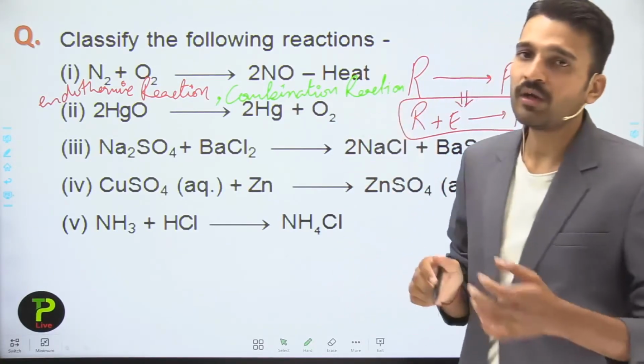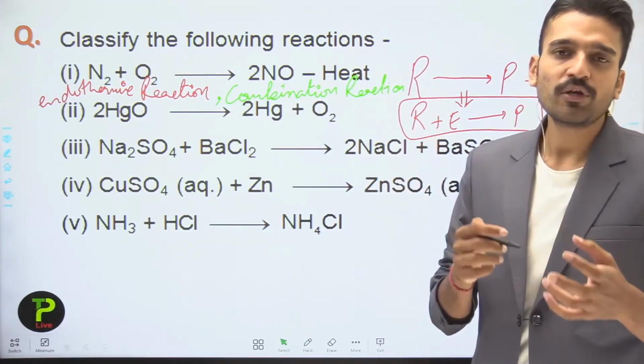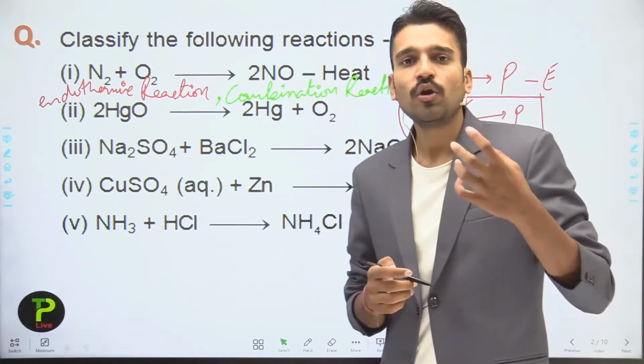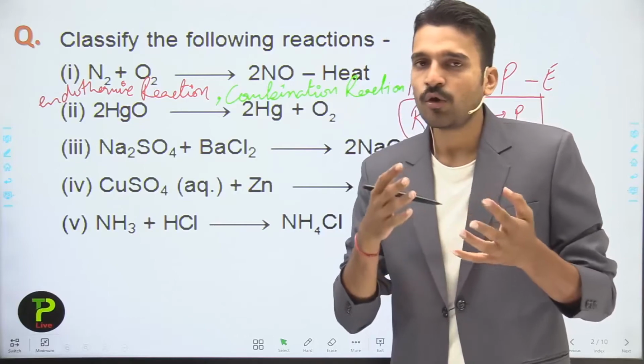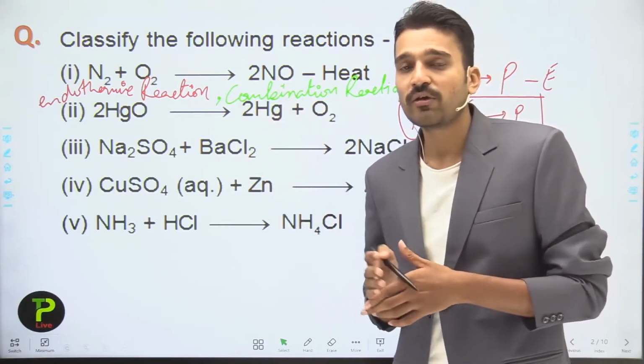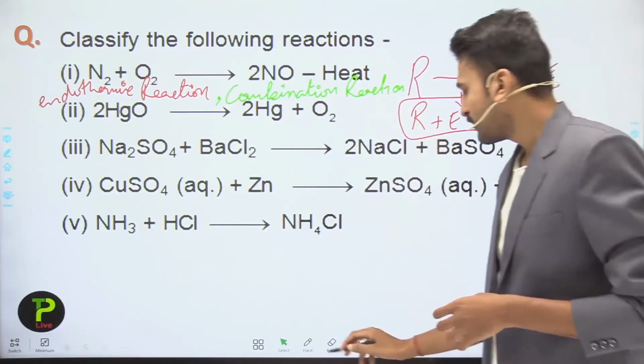So I hope you all understood that a particular reaction can be of any type. You can name the particular reaction on the basis of either one or two types. Also, when you read about the redox reactions, you can also classify and name the particular reactions on the basis of redox reactions. So moving on to another, first erase this.